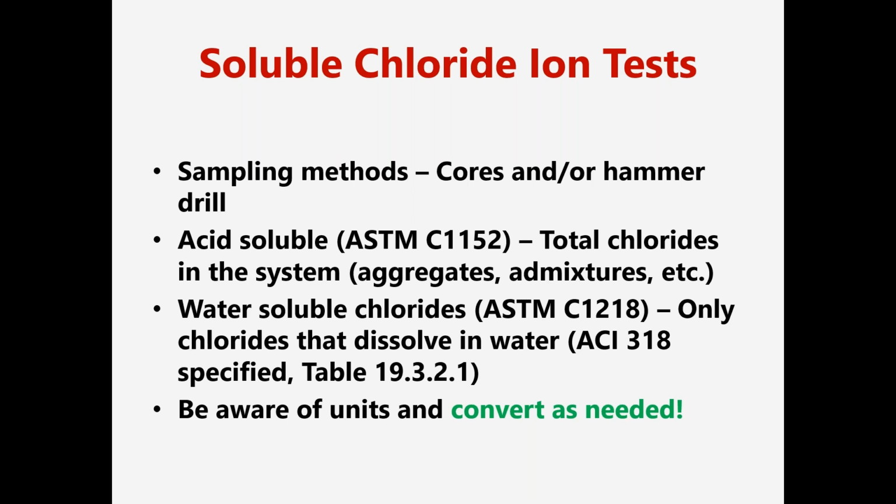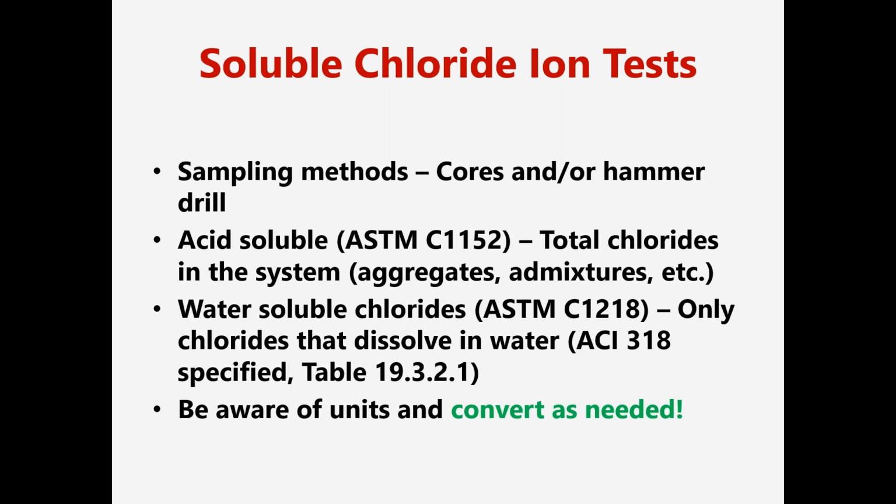We usually like to test at various intervals throughout the depth of the core to give us a chloride concentration profile. It's typically going to be higher at the surface and lower as you go in. So if we know our reinforcing steel is at like 3 inches or something like that, we might target that 3-inch depth and see what the chlorides are.